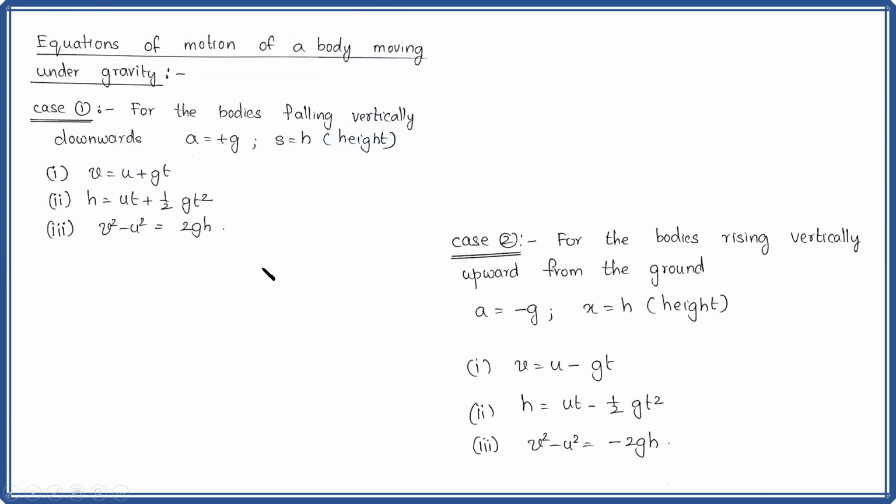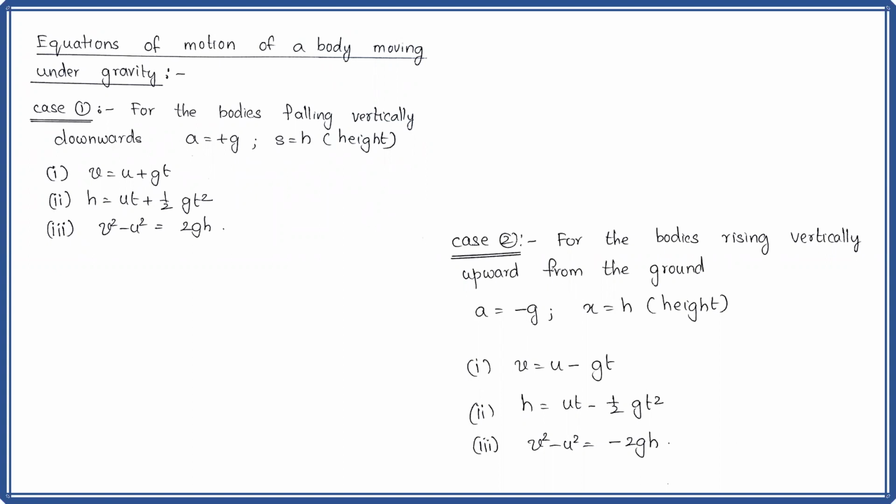I just want to tell you that all these equations we have derived are for motion in a straight line on a horizontal platform, that is along the positive x-axis. What if it is along a straight line in the up and down direction?